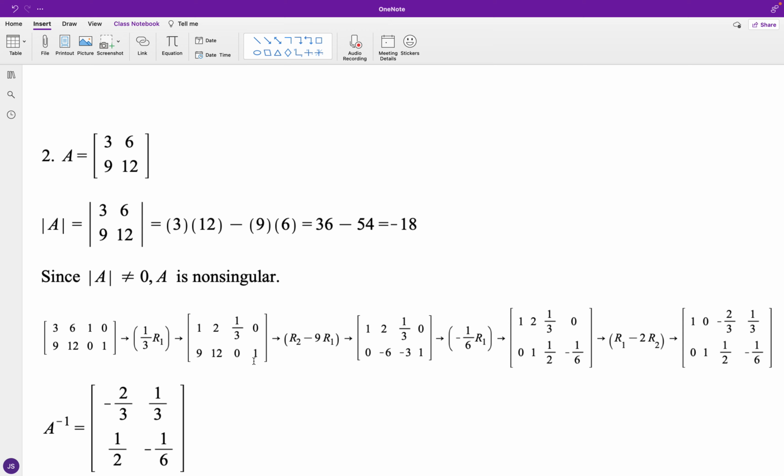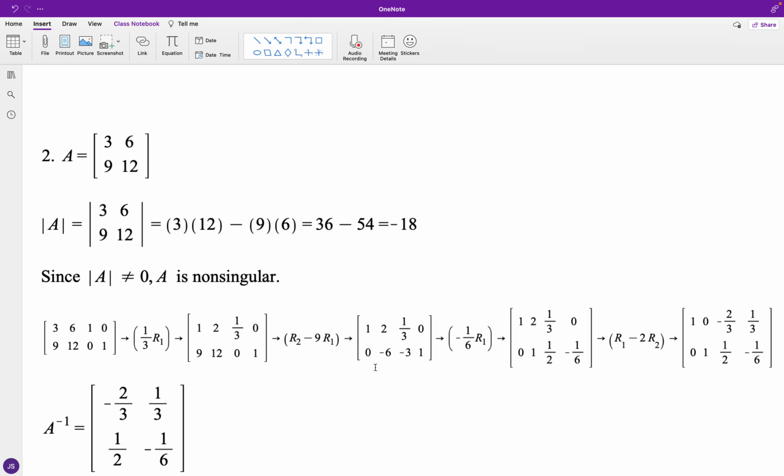I have not yet touched the second row, but I am about to. To make the first column consist of 1 and 0, changing the 9 to a 0, I take the second row and deduct 9 times the first row. Now the top row is 1, 2, 1/3, and 0, and the bottom row becomes 0, negative 6, negative 3, and 1.